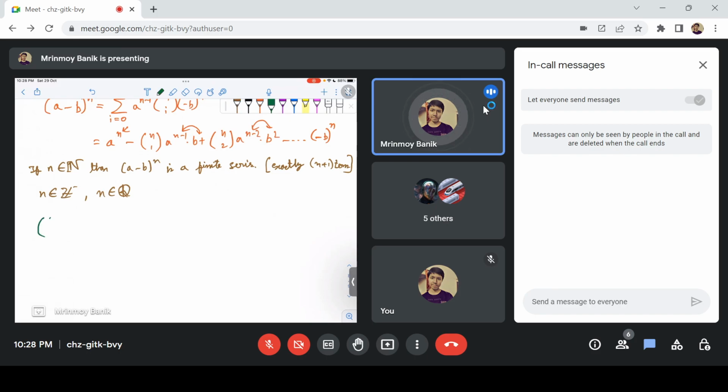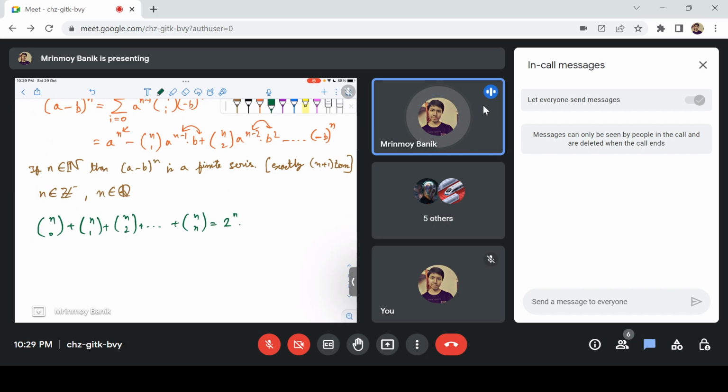First, observe the first identity: nC0 plus nC1 plus nC2 up till nCn is equal to 2 power n.